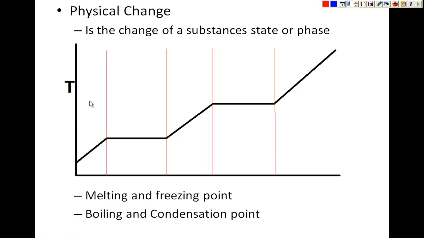So a very common example is when you have something like water or H2O. It could start off as ice, then melt and become water, and then boil and become steam. So what we have here is an example of a graph that shows how a physical change may happen.